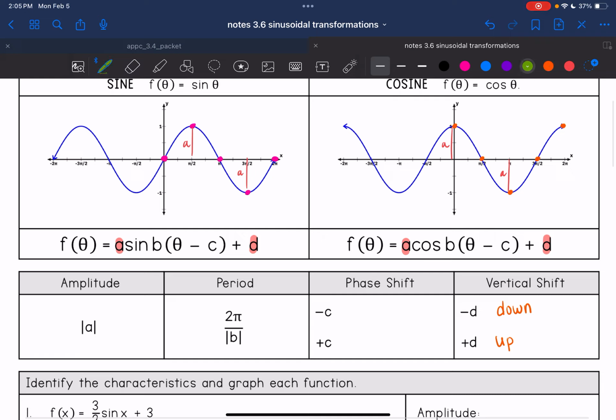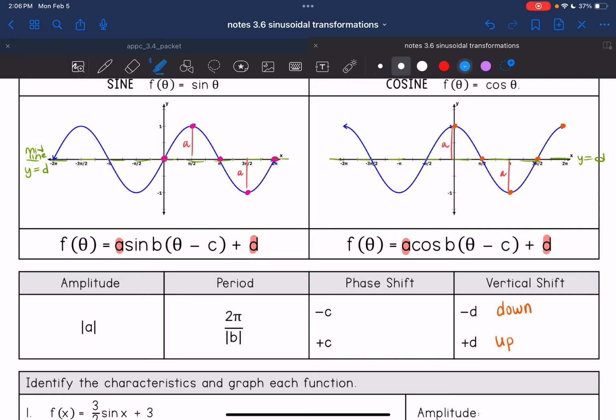For our parent functions here, the midline is always right on top of the x-axis. But when you have a vertical shift, that line is always going to be at y equals D, whatever number you have at the end. Same thing for cosine. That horizontal line is always going to be at y equals D.